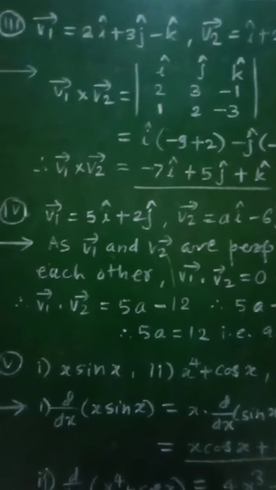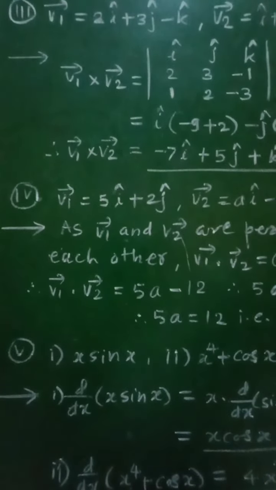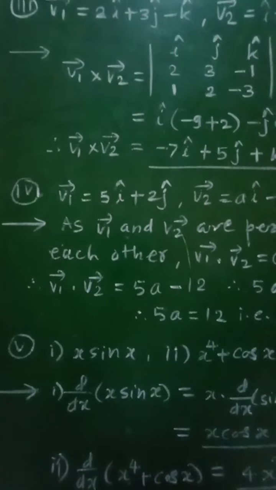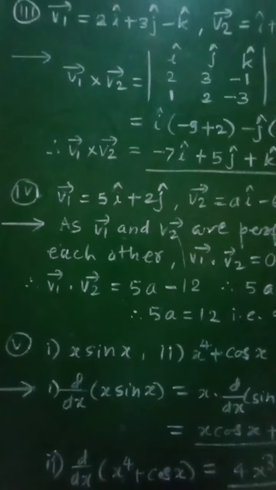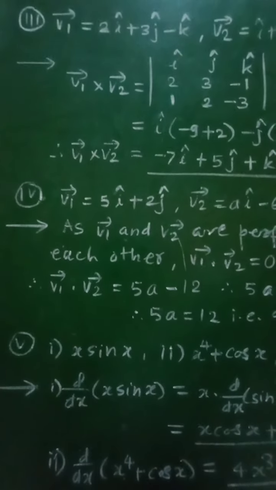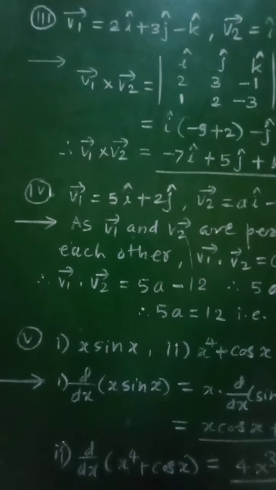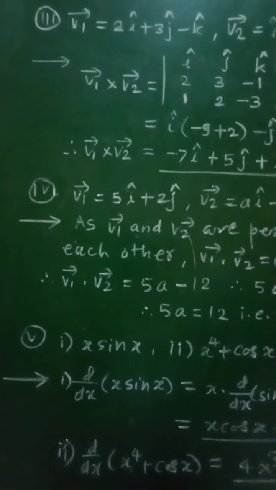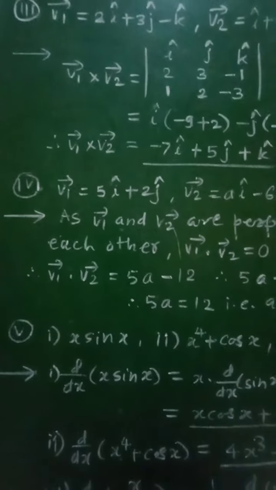Then let us see the next numerical, that is numerical number 4, which is given as: given vector v1 equal to 5 i cap plus 2 j cap and vector v2 equal to a i cap minus 6 j cap are perpendicular to each other, then determine the value of a.